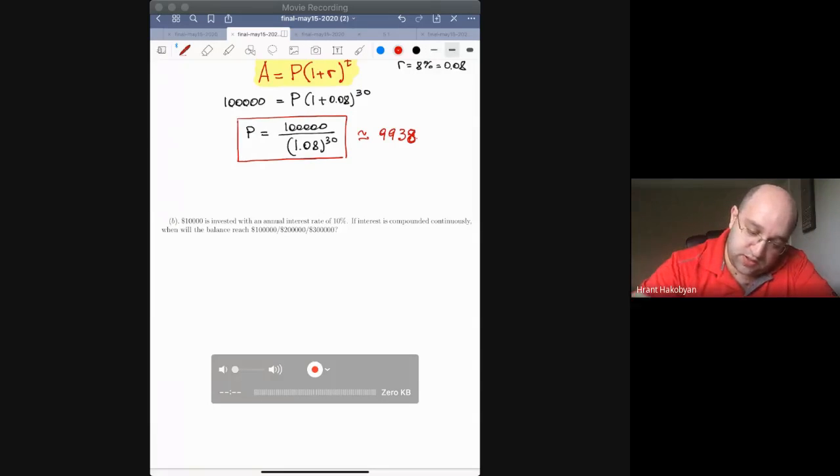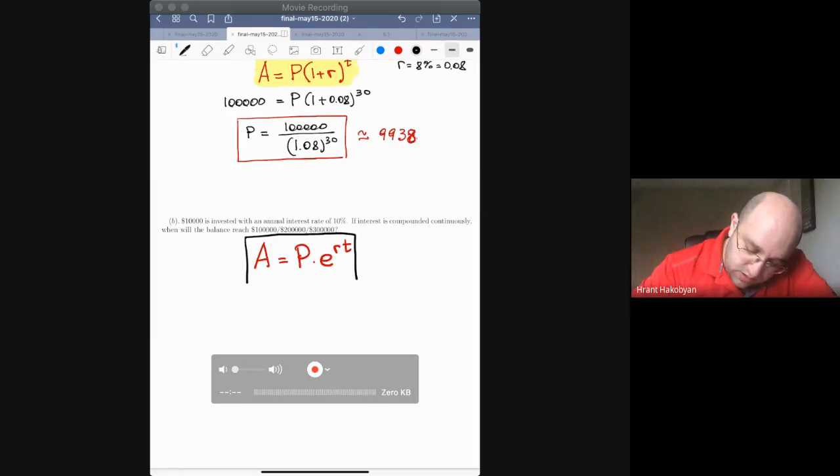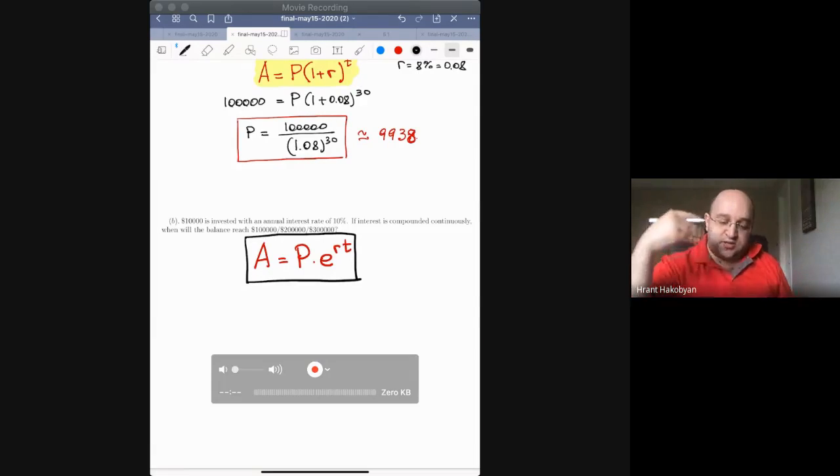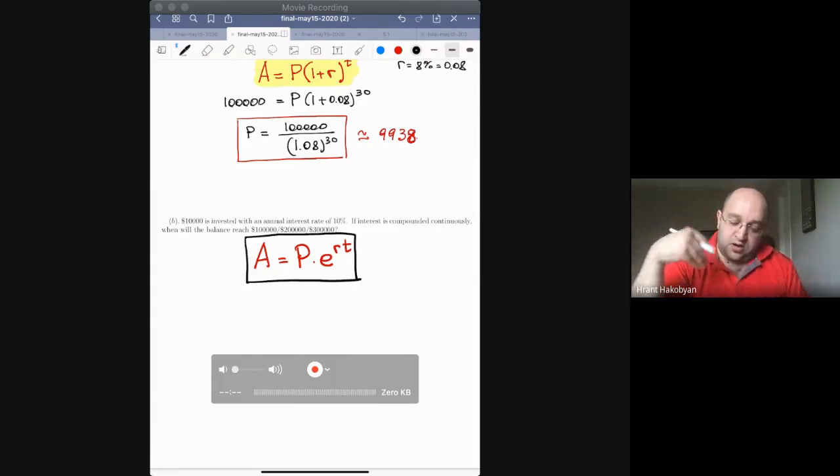When you have continuous compounding, the formula you're using is A equals your initial deposit times e to the power rt, where e is this 2.78. Again, A is the amount you have at the end, P is the initial amount you invest, R is the yearly rate, and T is the number of years.